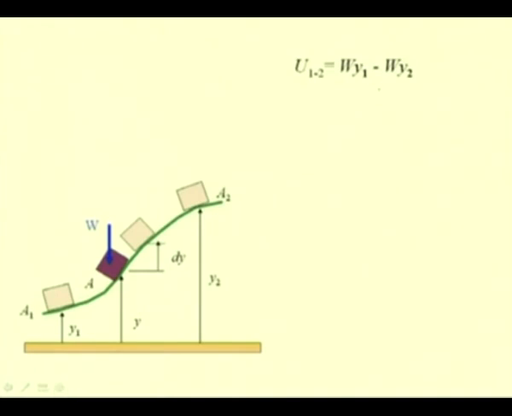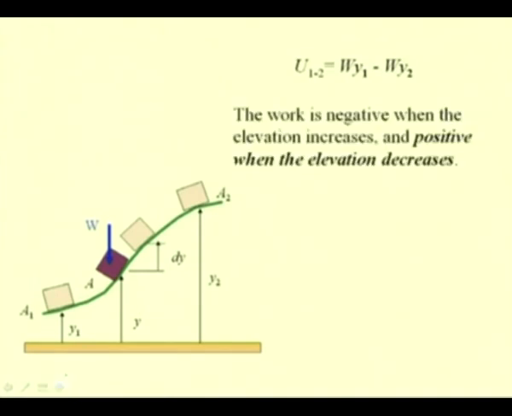So, this work done is negative when the elevation rises, because we know Wy1 is smaller than Wy2, because the coordinate y2 is greater than the coordinate y1.